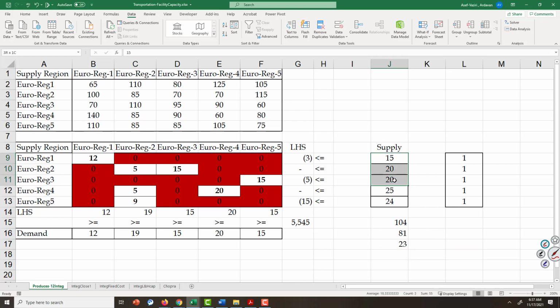We may be able to close one of these factories. These two we cannot, because then supply would be less than demand and we will not be able to find a feasible solution.